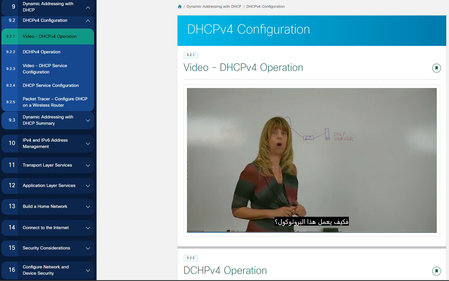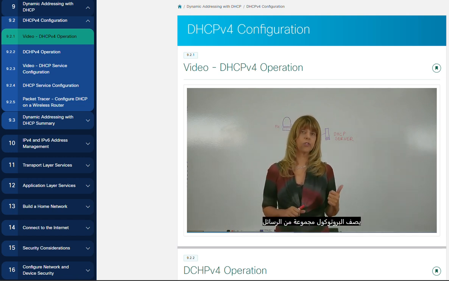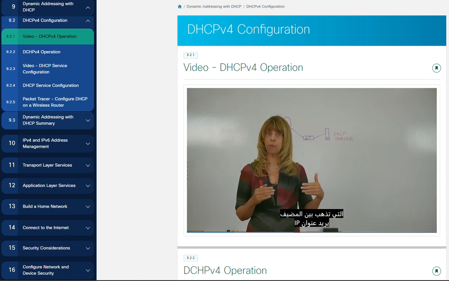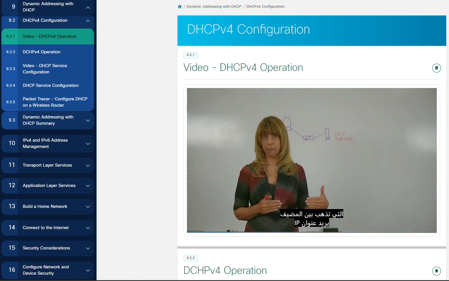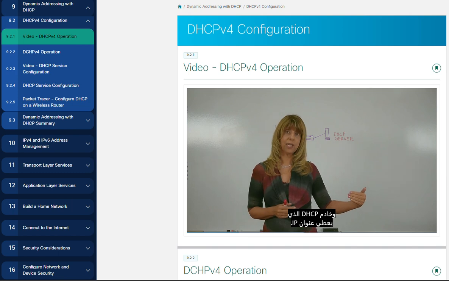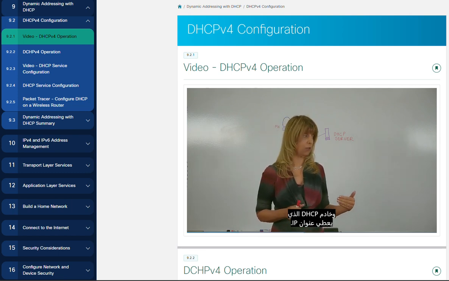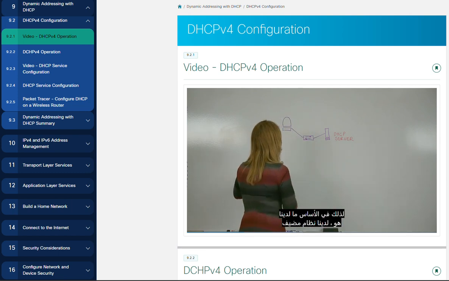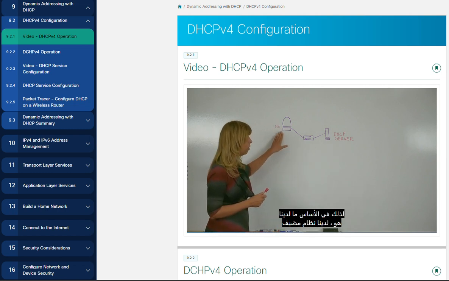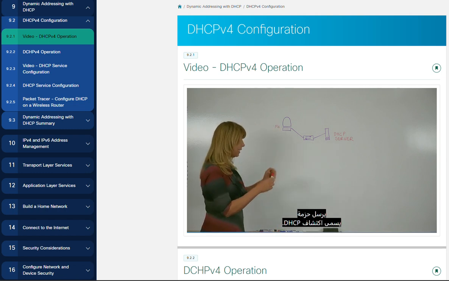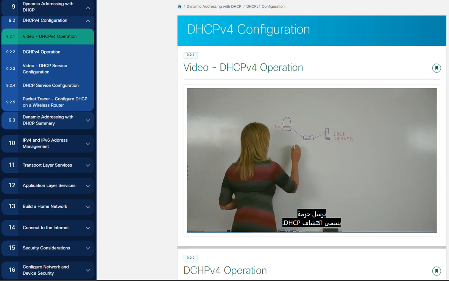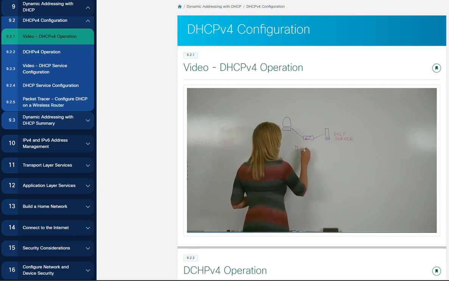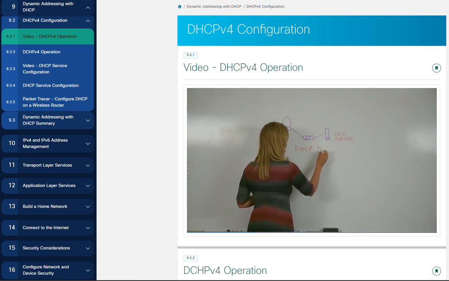So how does that protocol work? The protocol describes a set of messages that go between the host wanting an IP address and the DHCP server that gives out the IP address. So basically, what we have is a host system that sends out a packet called a DHCP discover.